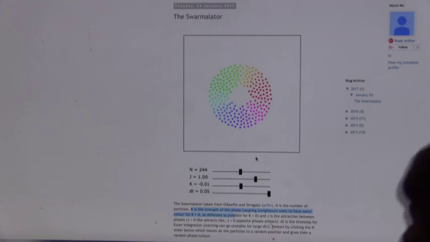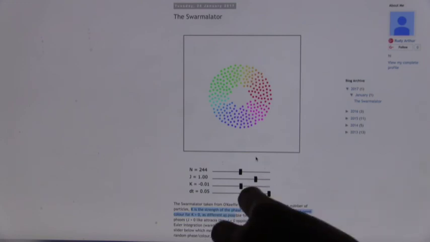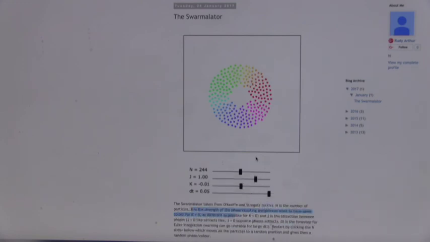If we have K negative and J positive, we might get sort of a clump that's all the same. K negative would mean their neighbors would want to be different. So what would you need to get the clump? Both of them positive would give you a clump.